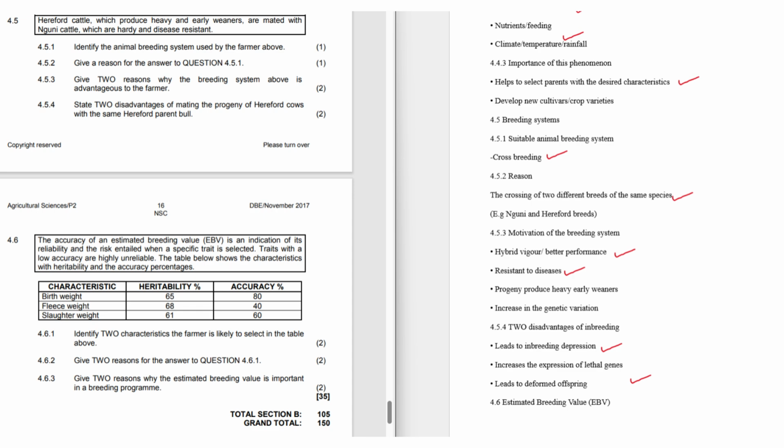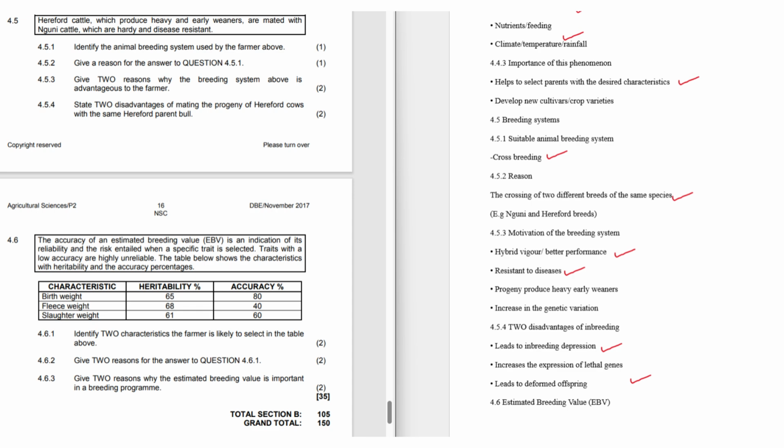Also, a bonus answer: we can say the offspring can be defective. The offspring can have deformities. Defective is when we are talking about defective traits in the offspring as a result of inbreeding, where the offspring have five legs or one.